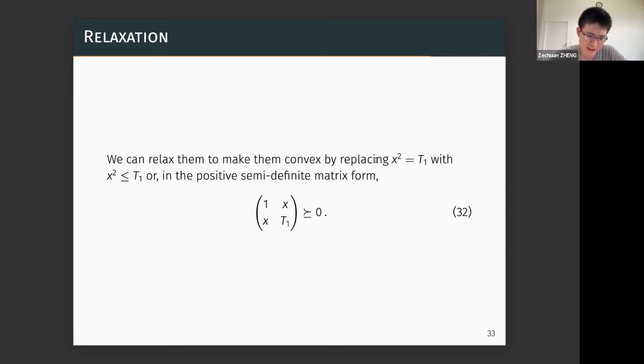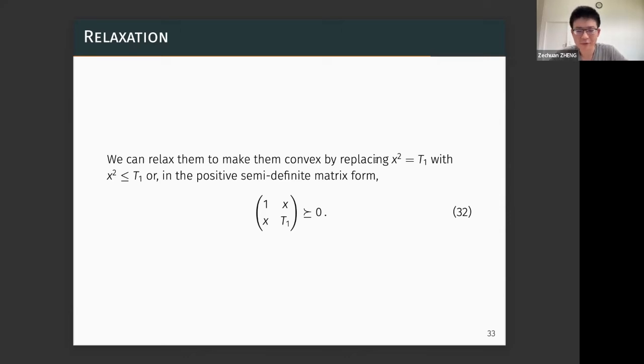This is a non-convex condition. Why? Because all nonlinear equalities are generally non-convex. But x squared smaller or equal than T1 is convex, because we can rewrite it in semi-definite matrix form. This is definitely convex.